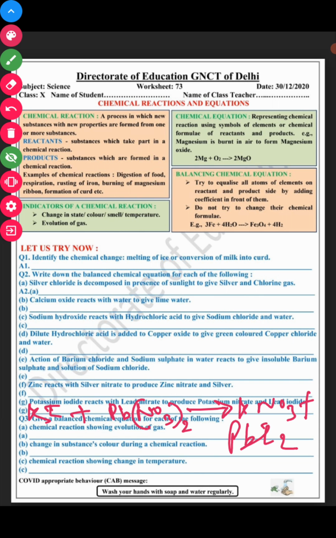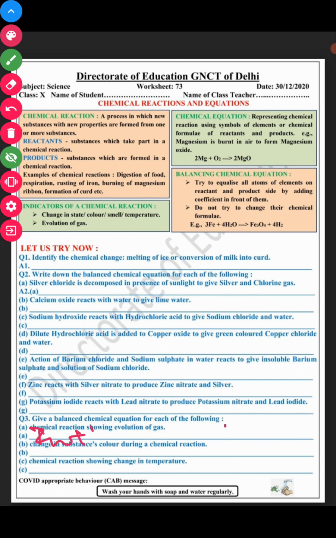Then you have to balance this by putting 2 over here. Next, give the balanced chemical equations for each of the following chemical reactions showing the evolution of gas. If you write zinc when it reacts with HCl will give you ZnCl2 plus H2 gas evolved.